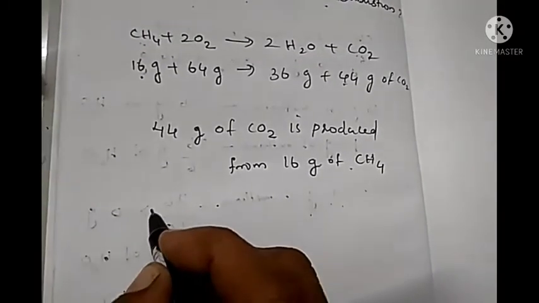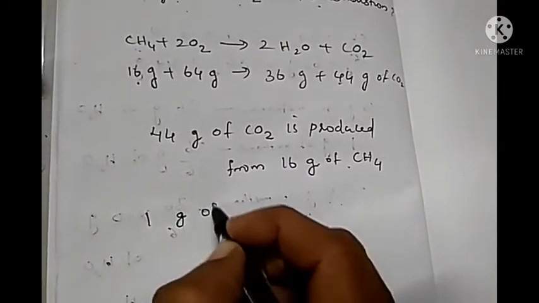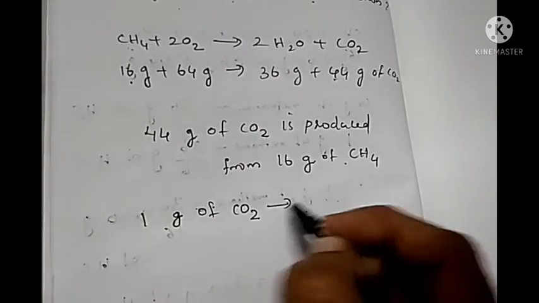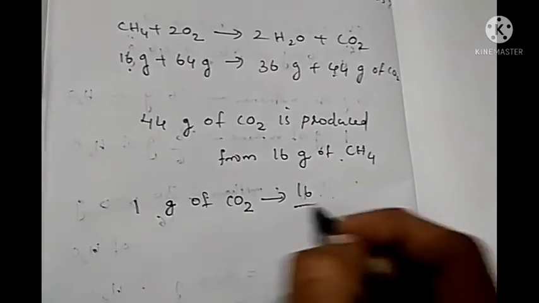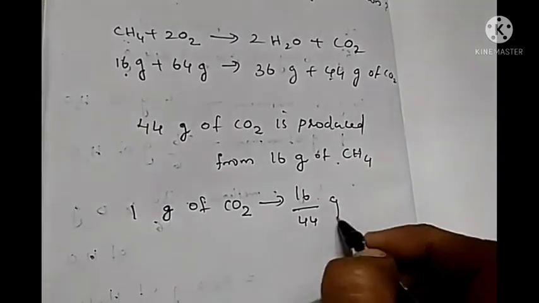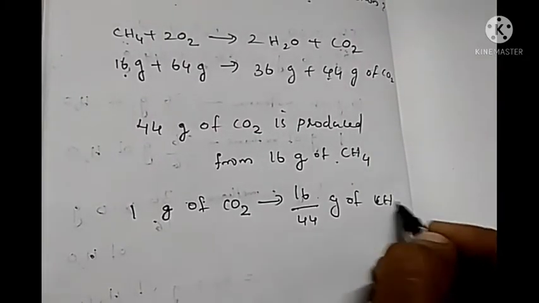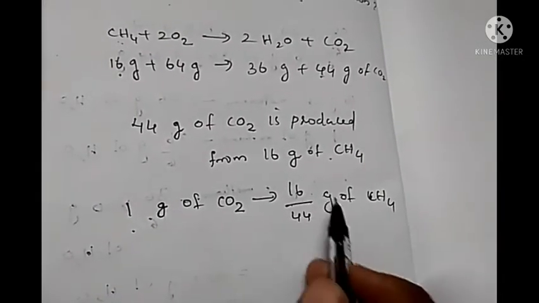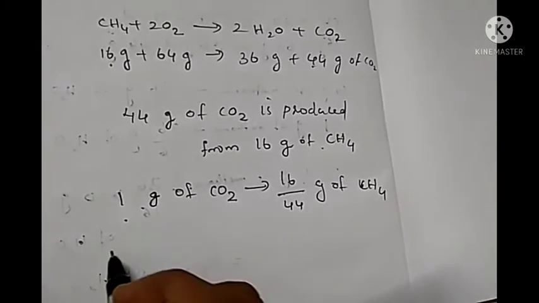Now from this, 1 gram of carbon dioxide is produced from how much gram of methane? 16 divided by 44 gram of methane. So 1 gram of carbon dioxide is produced from this much amount of methane.